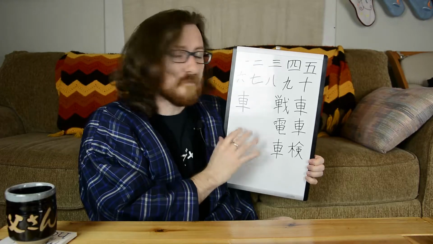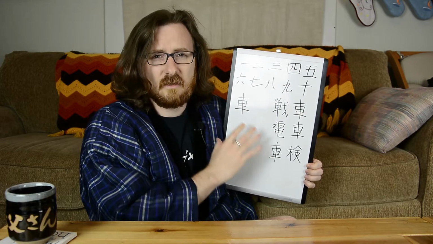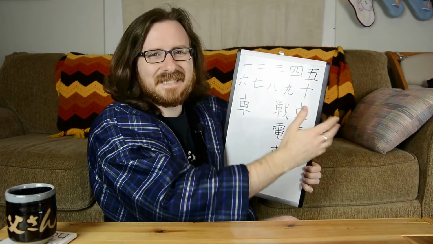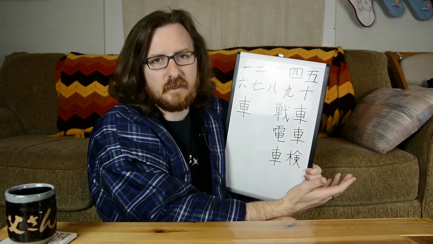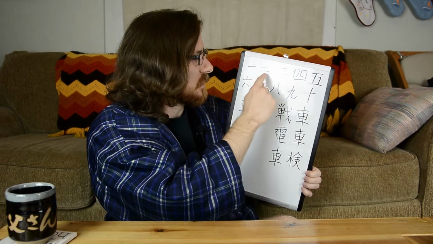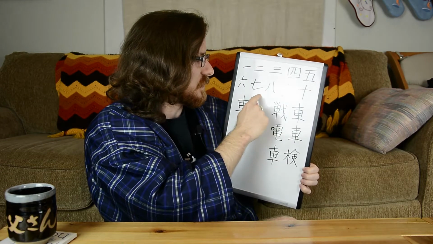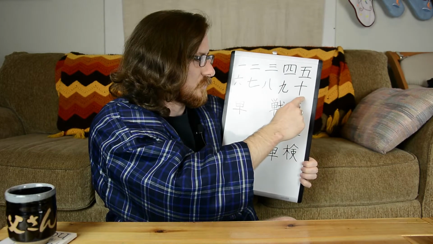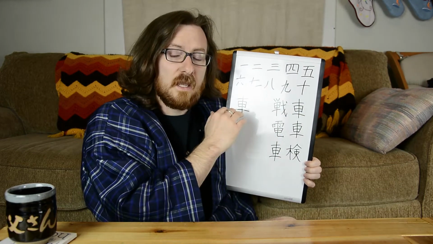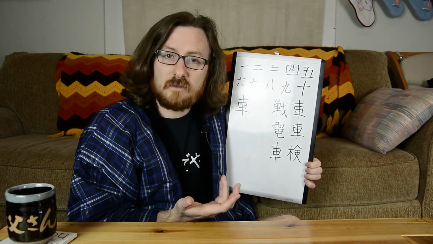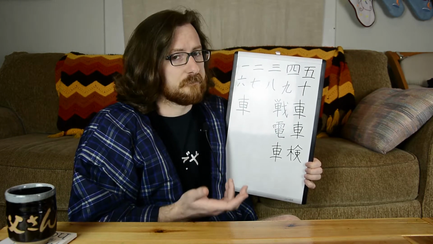So here we go. I've written down a couple of different kanji here to use as an example. On this top row, I've got just the first 10 numbers written out in kanji. We have 1, 2, 3, 4, 5, 6, 7, 8, 9, 10. If you know hiragana and katakana, you know that you can write those out in hiragana or katakana.